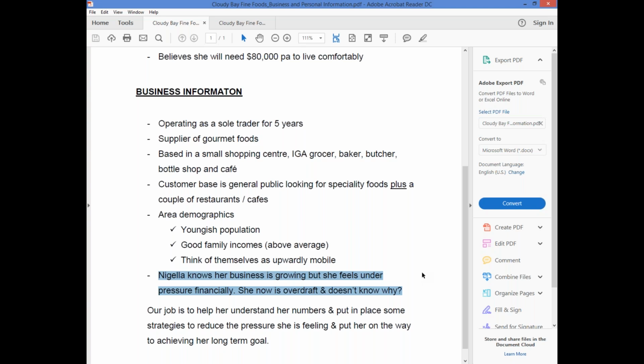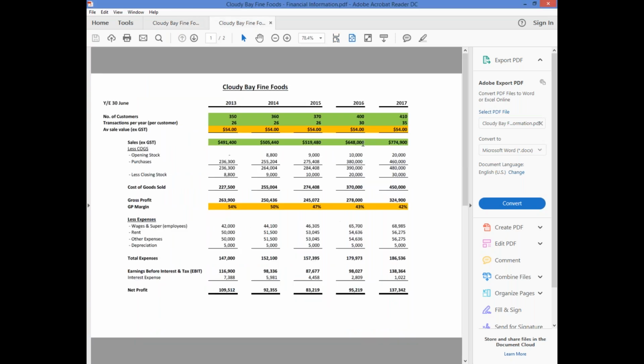Their overdrafts grow, they struggle to make payments, and particularly with the tax office, they struggle to meet their obligations. In Nigella's situation, she's in overdraft, she doesn't know why, and she doesn't like it. It doesn't fit with her longer-term goals. So our job today is to understand her numbers and help her understand them, and to put in place some strategies to reduce the pressure she's feeling and put her on the way to achieving her long-term goals. So, a look at her financial statements.